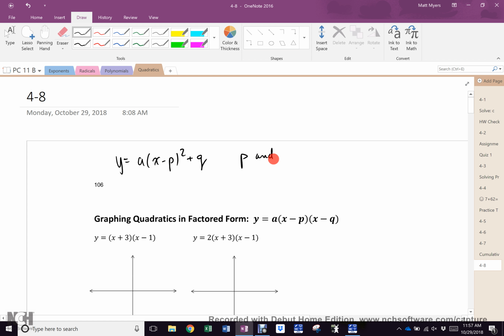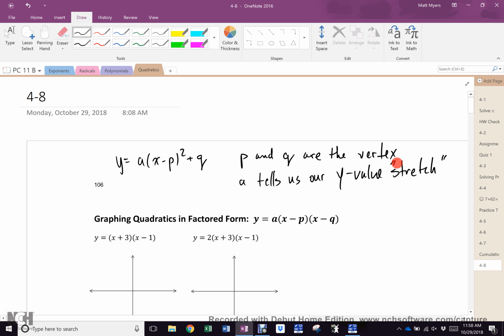P and q are the vertex, right? And a tells us our y value stretch.